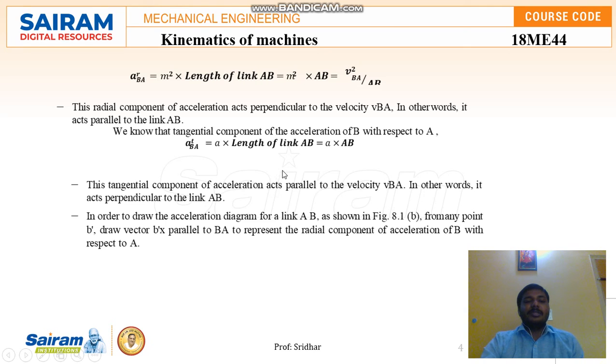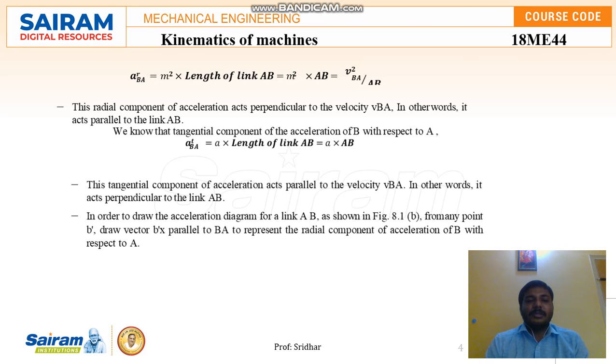This tangential component of acceleration acts parallel to the velocity vector VBA. In other words, it acts perpendicular to the link AB.